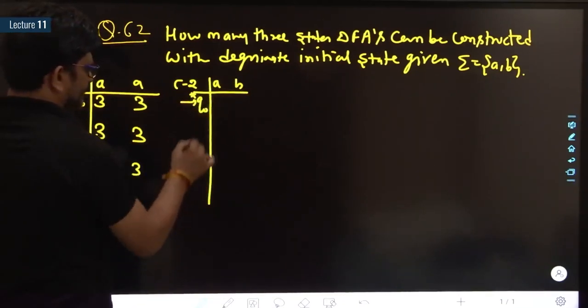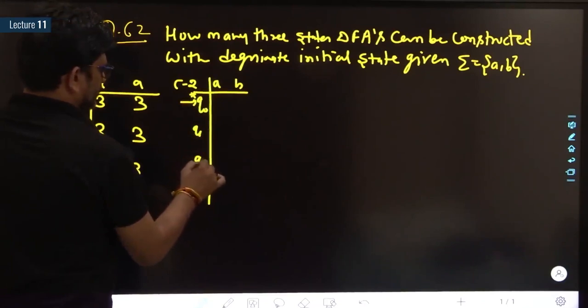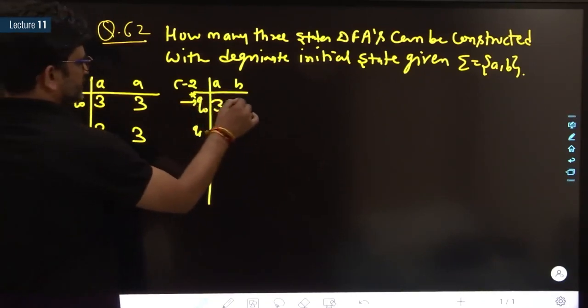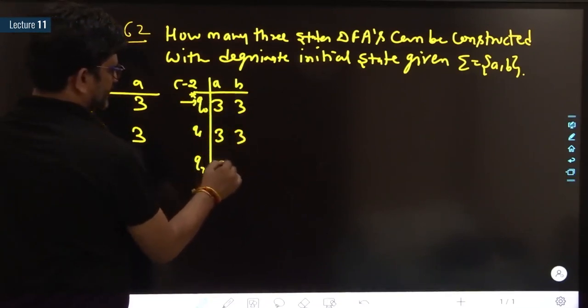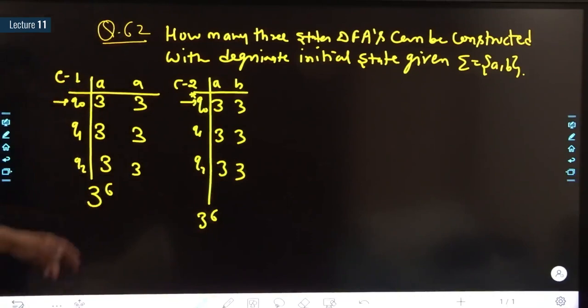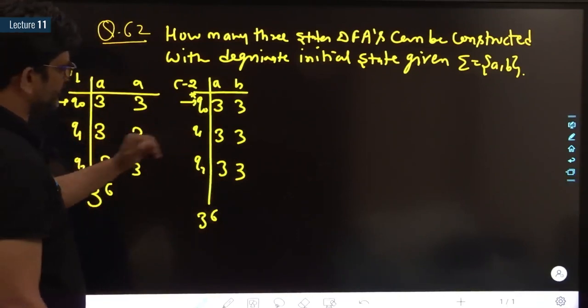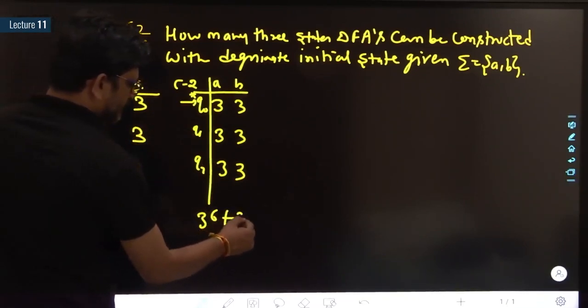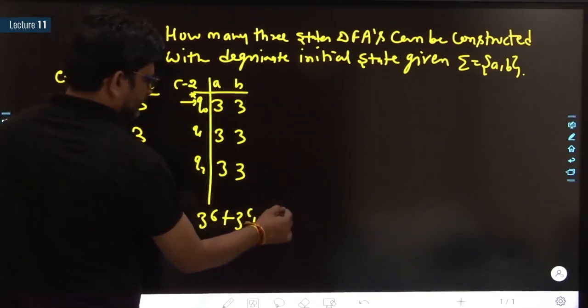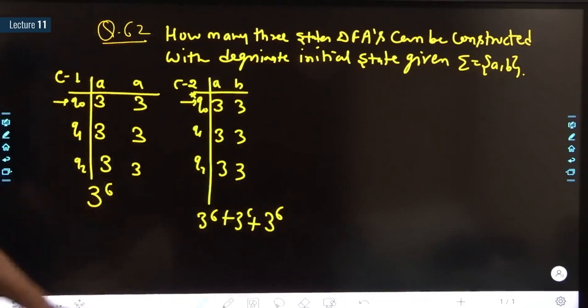Suppose Q0 is final, and Q1 and Q2 are non-final. This also has 3 to the power 6 DFAs. Whenever Q1 is final, again 3 to the power 6. If Q2 is final, then we have 3 to the power 6.